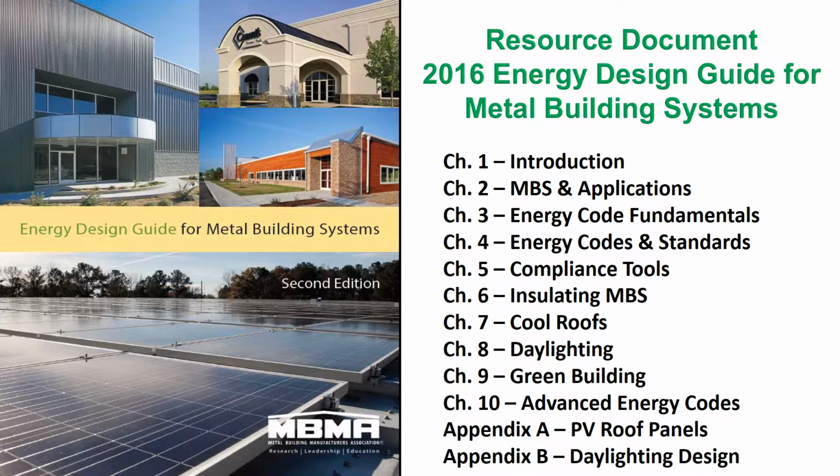Other information is included that is too much to cover in one webinar session. These webinar sessions in particular will draw from the information out of Chapter 3, 4, 5, and 6.